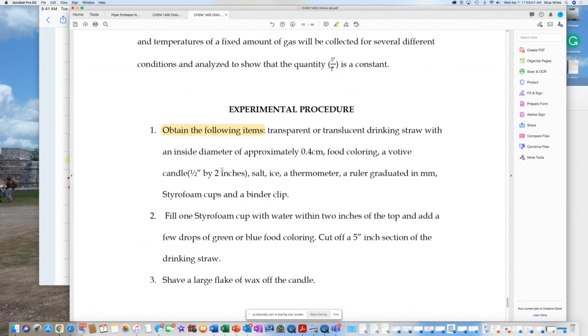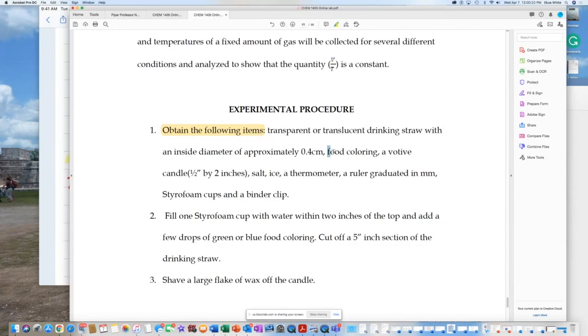In the picture I showed you, my straw was mostly translucent, not as transparent. You want it to have an inner diameter of approximately 0.4 centimeters. I just grabbed the first straw I saw, and that was good enough. A standard straw from the dollar store or Walmart, whatever you have at home, should work.